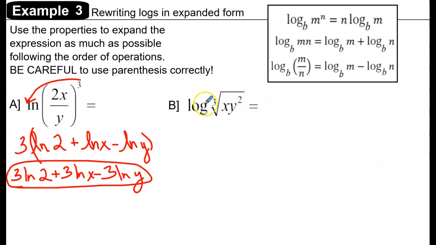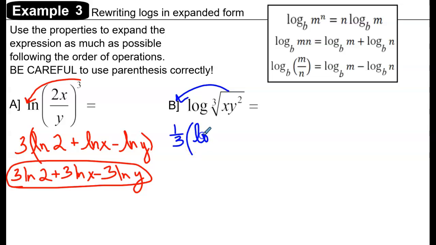In example B, grouping the argument of the log together is a cube root, and a cube root is the same as a 1/3 power. So again, I can start by using the power property to move that cube root to the front as a coefficient of 1/3.